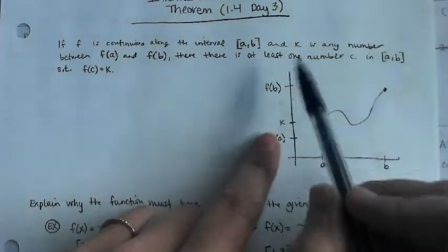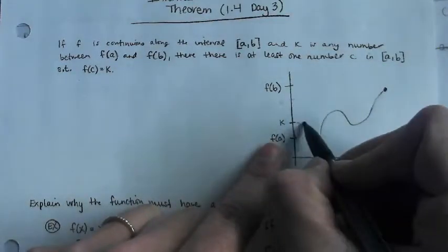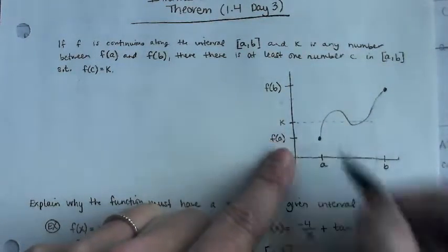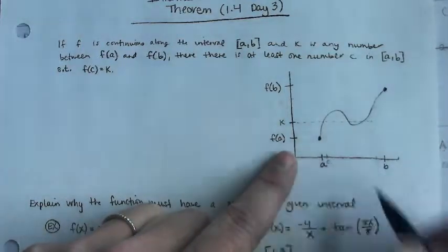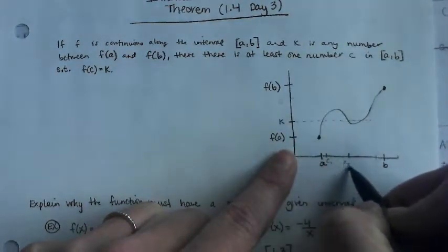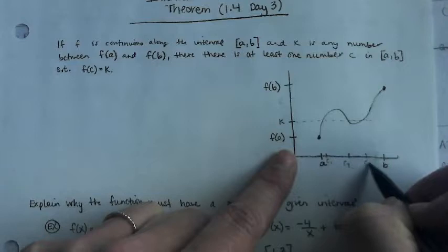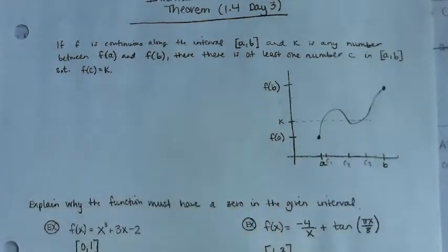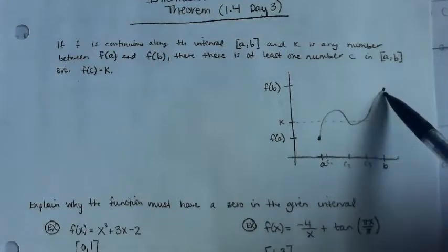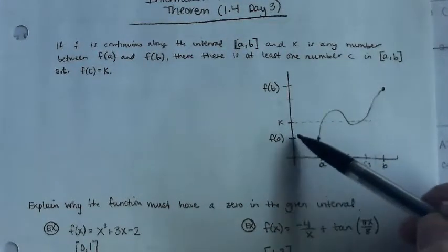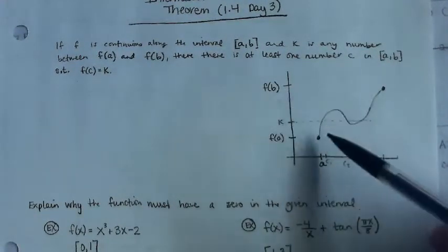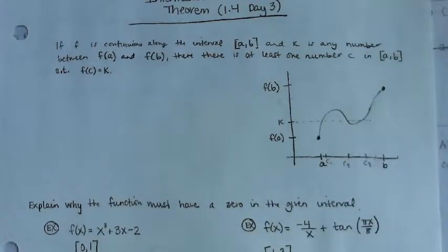So for at least one number c, well, mine now has 3 of them. Here's a first c value, here's a second c value, and here's a third c value. But it has to happen at least once, because if you're continuous from a to b, you have to cross every value between f of a and f of b at some point to get there.